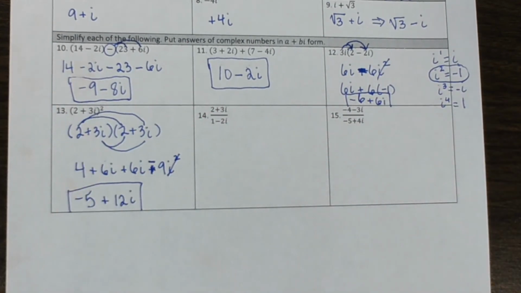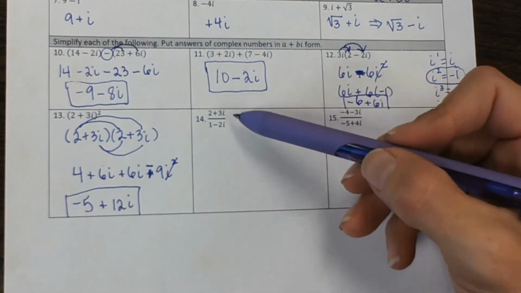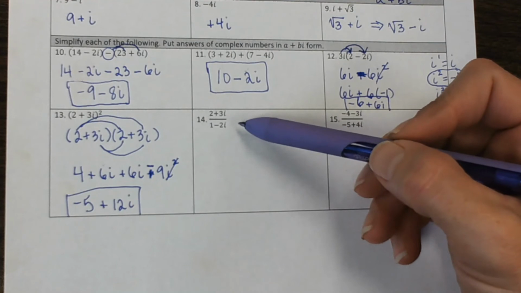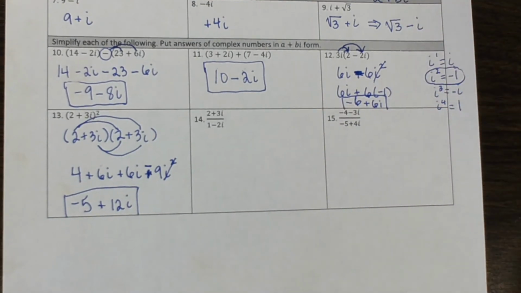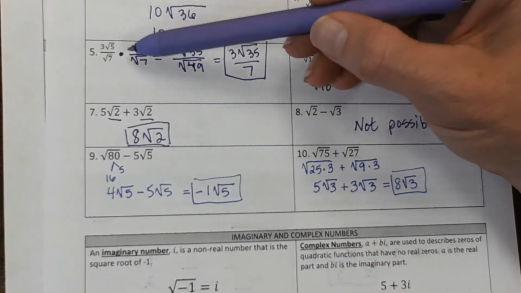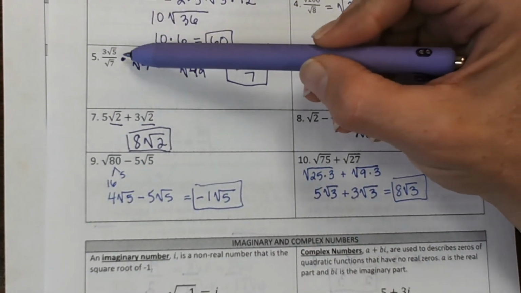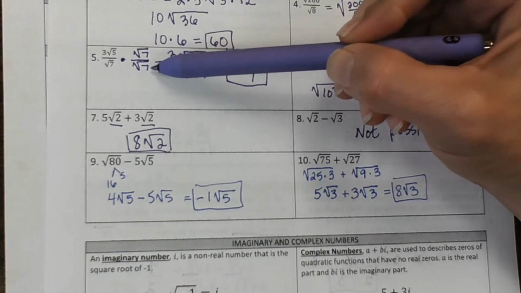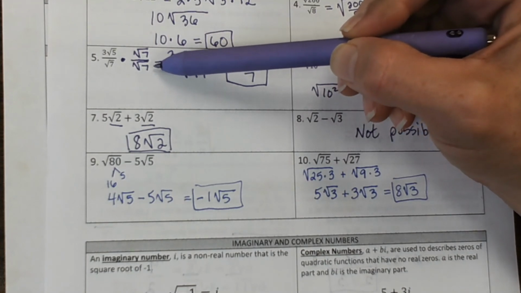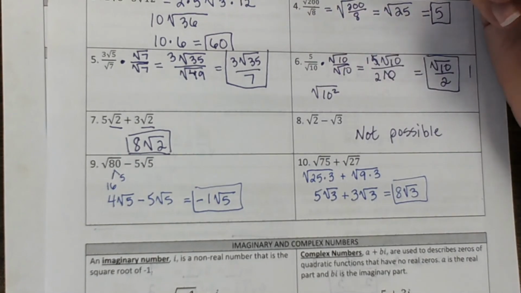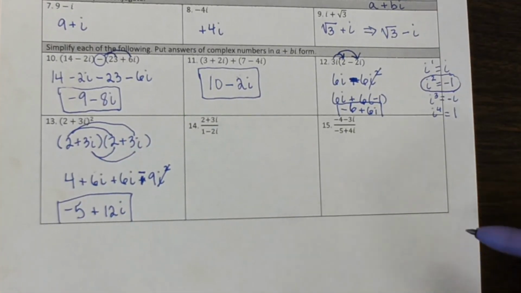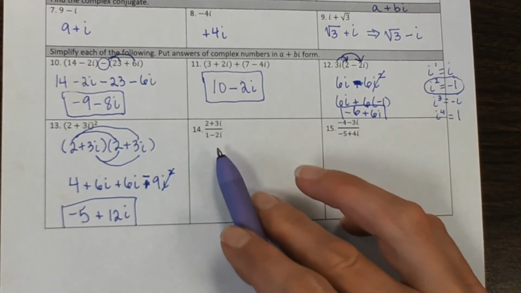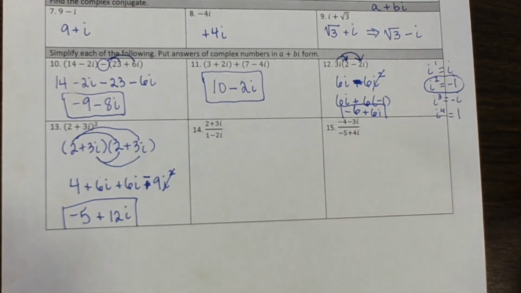Okay, now here is why we talked about the complex conjugate. When I have complex numbers in a fraction, we talked about earlier that whenever we had a radical in the denominator, the way that we would get rid of the radical is by multiplying it by whatever that radical is, and we call that rationalizing the denominator. Well, here we have a similar process, but we can't just multiply by the same thing because it won't get rid of the i.